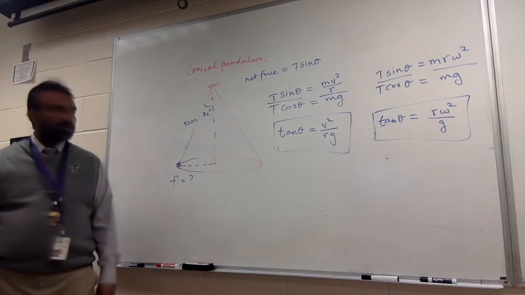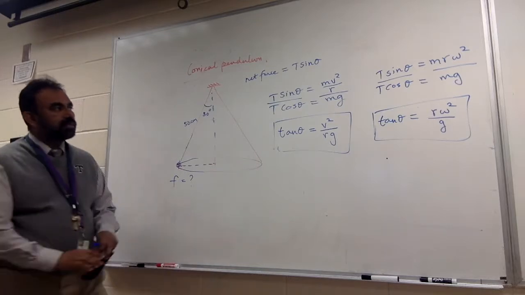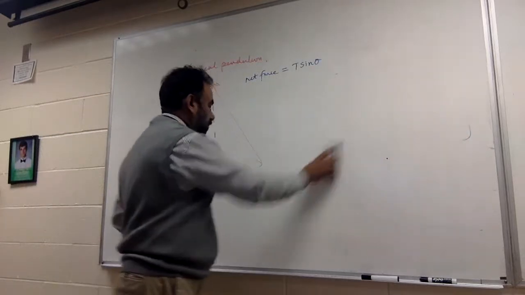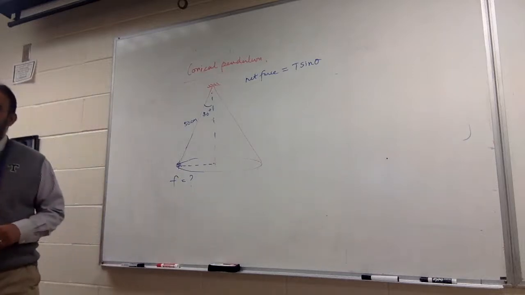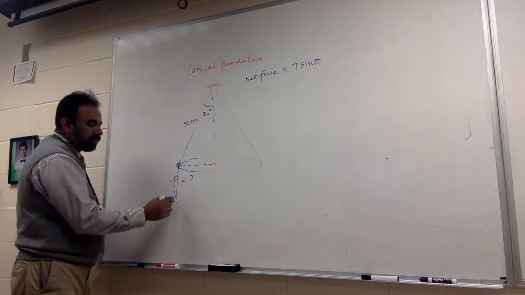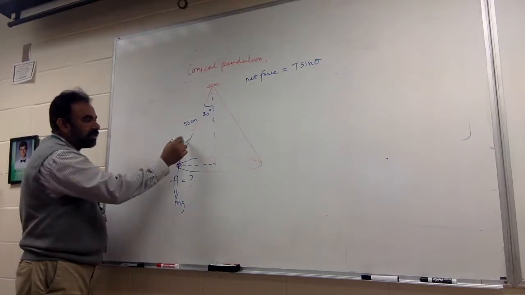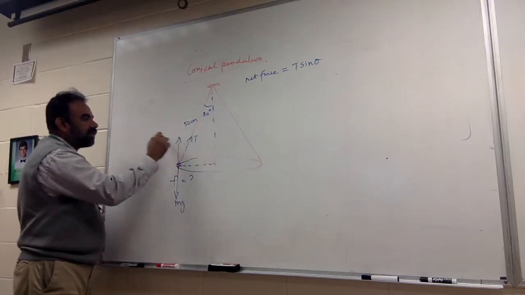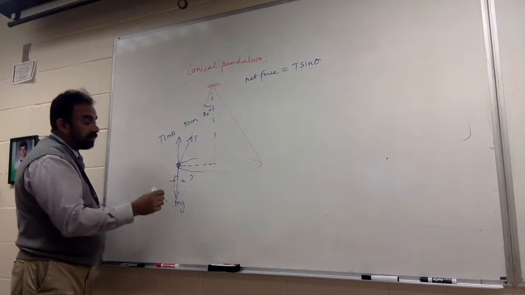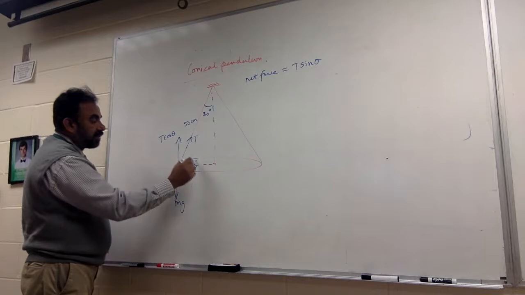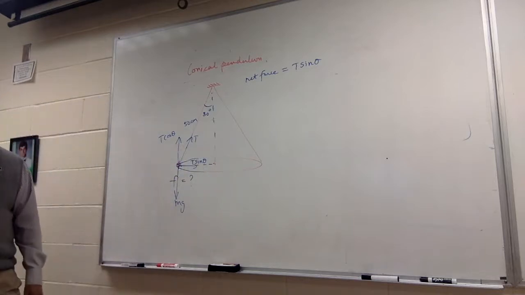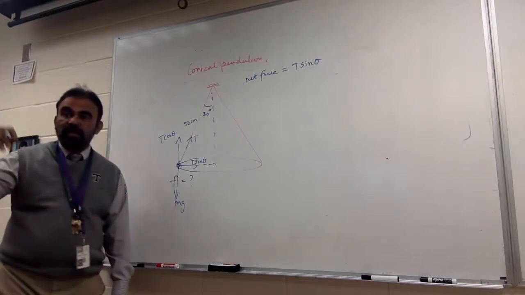So what do you have to do now? What you have to do to start off working with this problem is the same as before. What is the force downward? mg. Tension this way. T cosine theta is acting this way, and this one is T sine theta. And since frequency is the question, we are always now looking into the omega part of it.